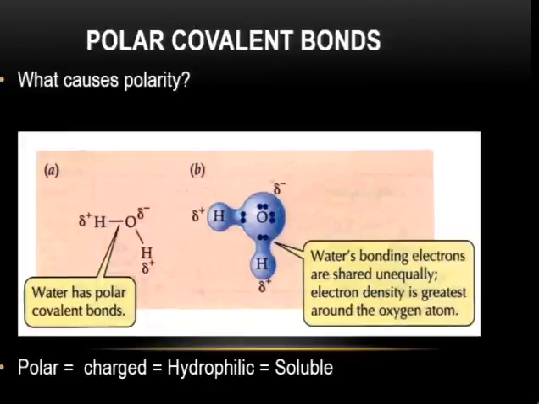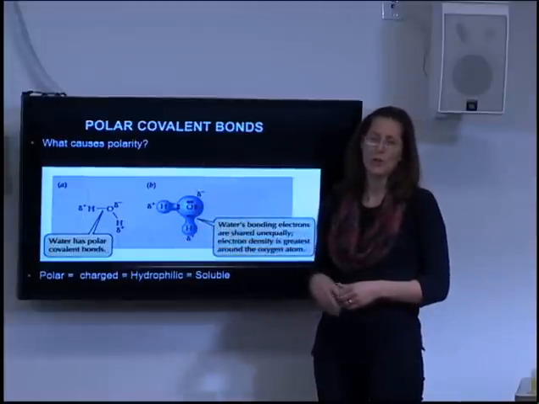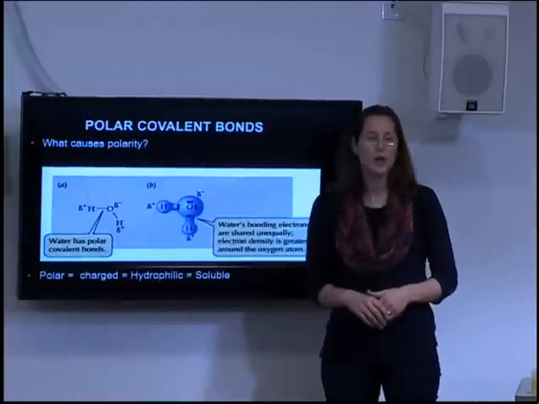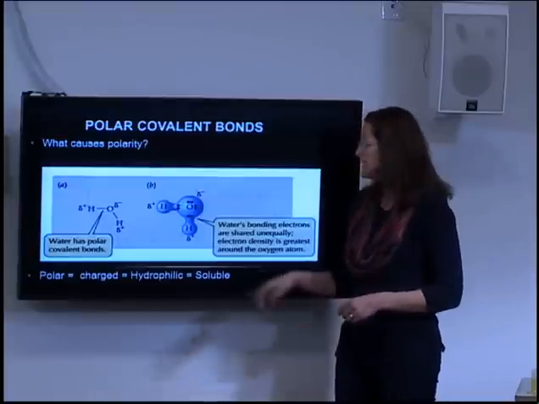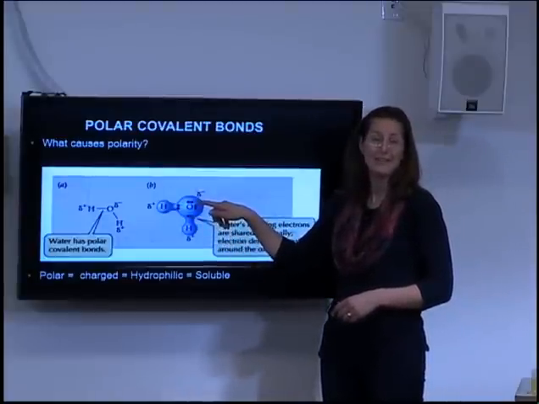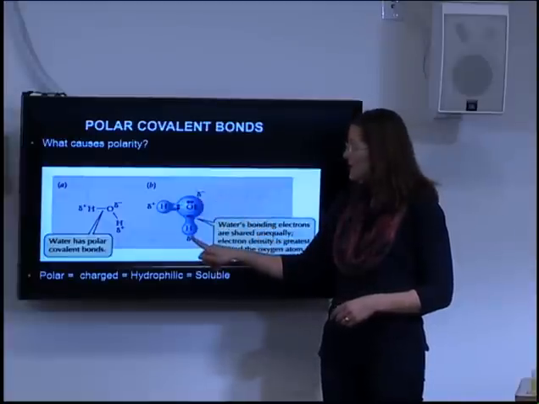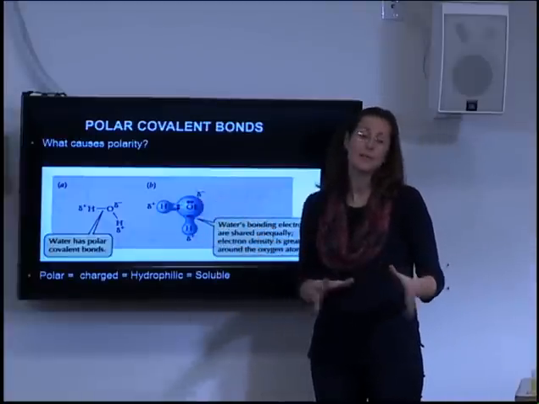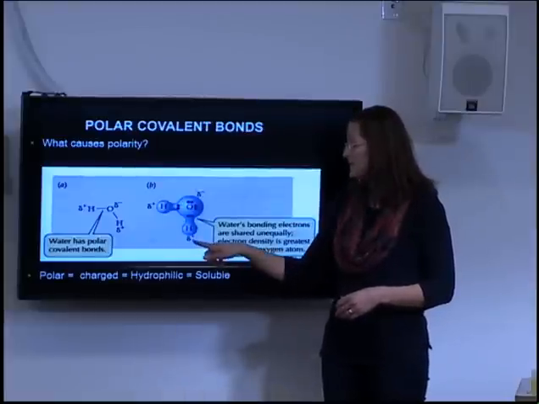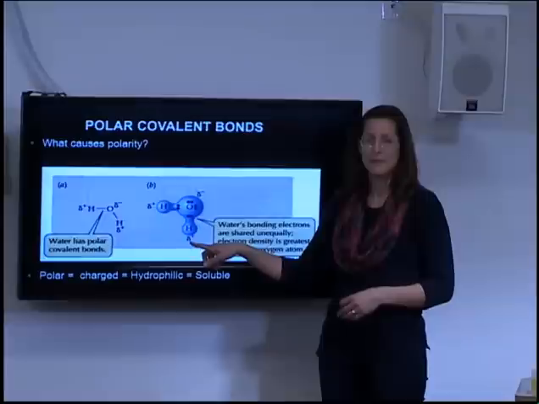All right, so you have partial charges going on here. You can see that you've got partial positive charges on your hydrogen, and the reason is because it's losing that negative electron a lot of the time. So all that's left here, most of the time, is the positive proton. So this gets a partial positive.